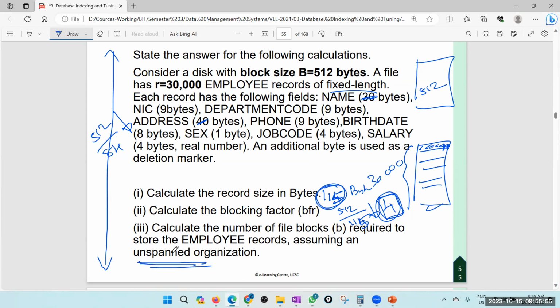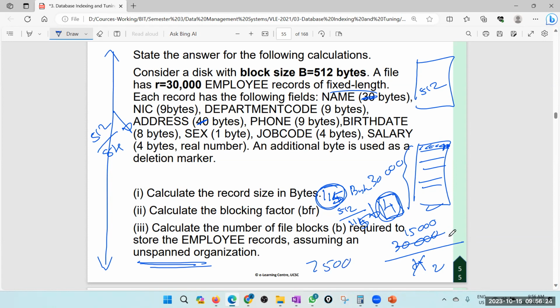So now we can calculate the number of blocks. The total number of records is 30,000, and we can keep only 4 records in a block. That is the block factor. So therefore, the number of blocks needed is, I think this is perfectly divisible, 30,000 divided by 4, that is 7,500 blocks.